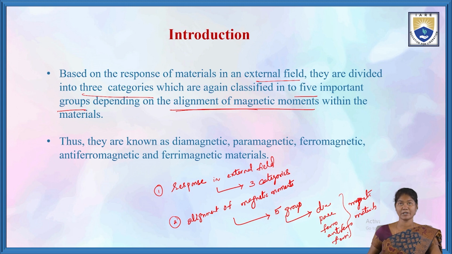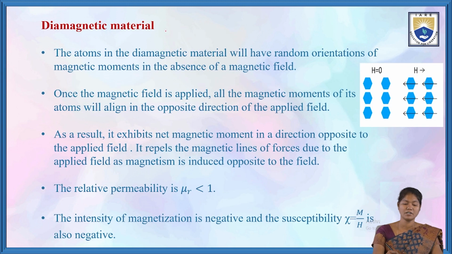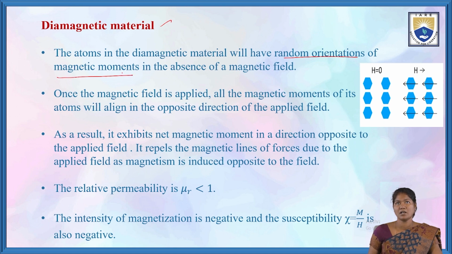Okay, let's see one by one. First of all, diamagnetic material. In diamagnetic materials, the atoms will have random orientations of magnetic moments when it is in the zero magnetic field, that is in the absence of a magnetic field.